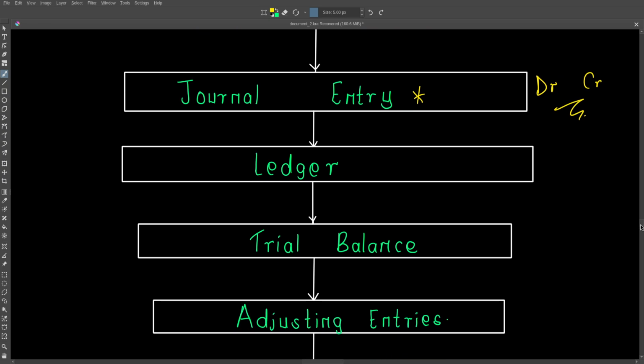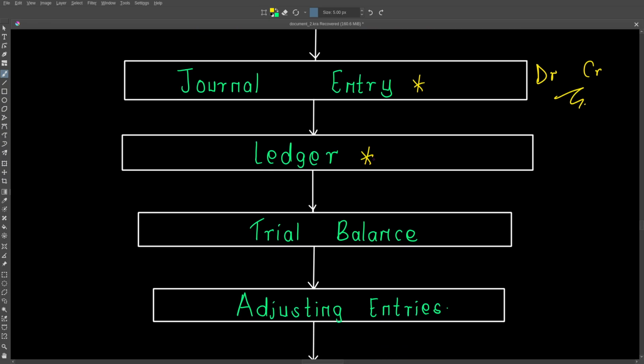After that, this is posted in the ledger, and what the ledger basically does is classify these accounts. There is usually a chart of accounts that summarizes the type of account into either an asset account, a revenue account, an expense account, a liability account, dividends, okay?